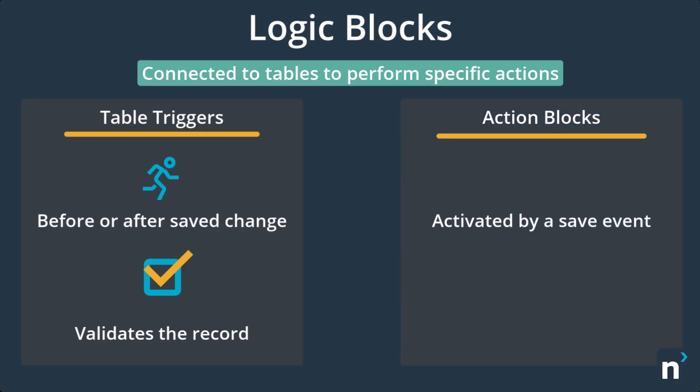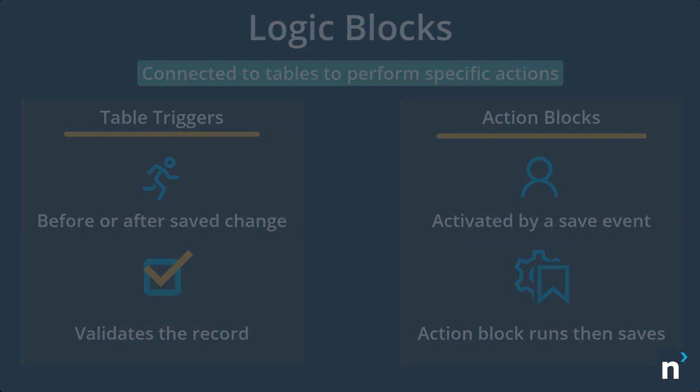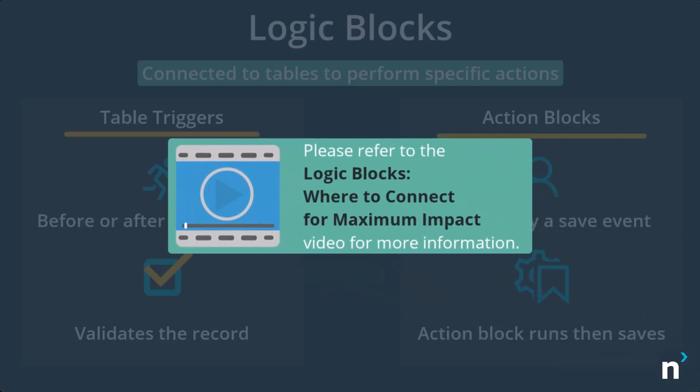Action blocks are activated by a save event when a user selects a button to update a record. The action block then performs its function and saves the record once it has completed. For more information on using and connecting logic blocks, refer to the Logic Blocks, Where to Connect for Maximum Impact training video.